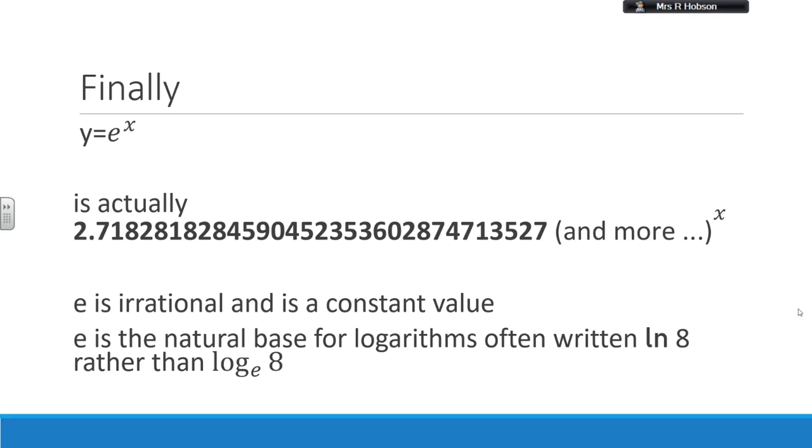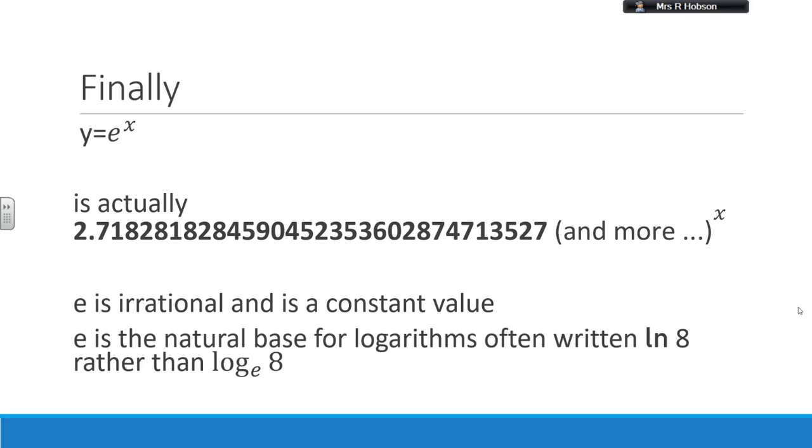So this number just keeps going. Have we ever met a number like that before in maths? A number that just keeps going, where there's no pattern. And remember, this number is to the power of x. And you can now see why we've given it a letter e, because actually writing that out wouldn't be practical. So therefore, it's been given this value e.